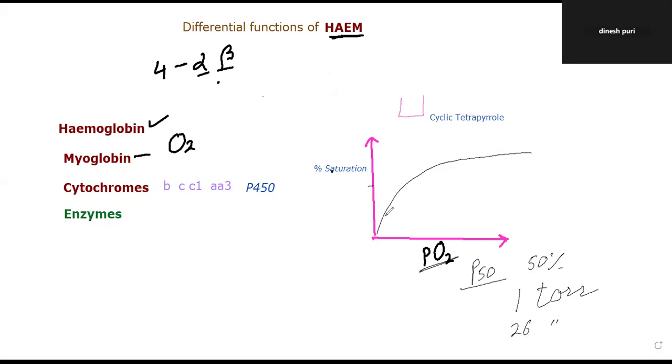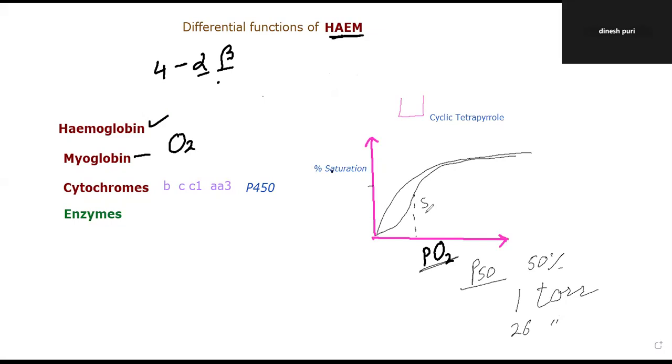What do these observations indicate? Hemoglobin has much less affinity for oxygen compared to myoglobin. And the oxygen dissociation curve for hemoglobin is accordingly sigmoid in shape. So 50% saturation is reached at a much higher pressure.